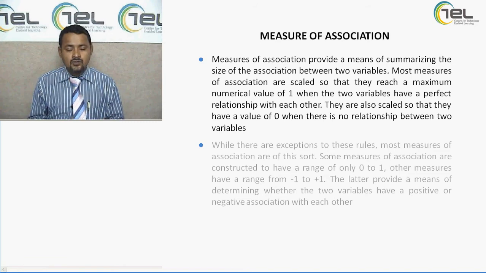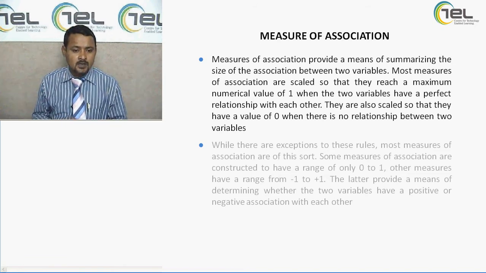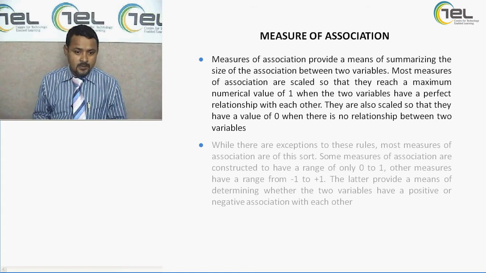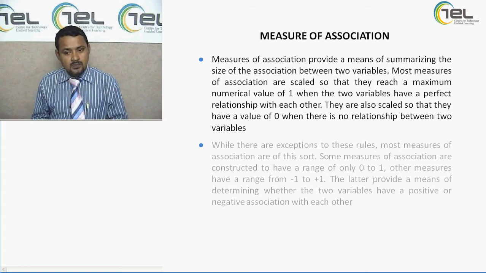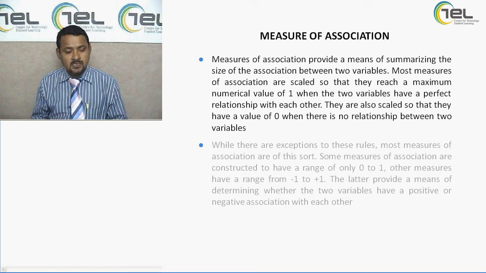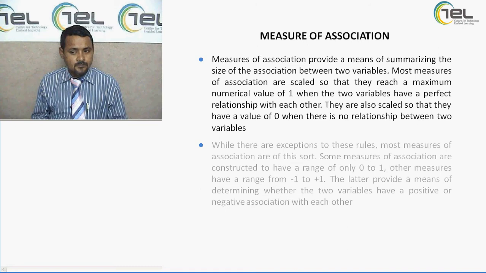So measures of association provides us a means of summarizing the association, kind of association, type of association, degree of association between the variables. Most measures of association are scaled so that they reach a maximum numerical value of 1 and a minimum numerical value of -1.